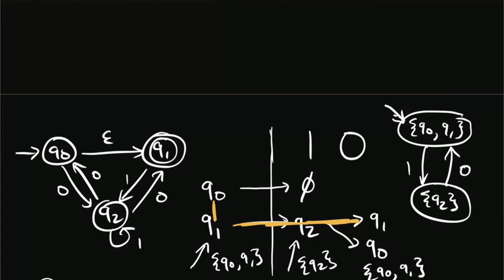Let's see. Well, I can reach Q1. Oh, sorry, I'm not paying attention. So I can only reach Q2. Have we made that state already? Yeah, so in fact, we can just put a 0 on this transition and we're done with that part.